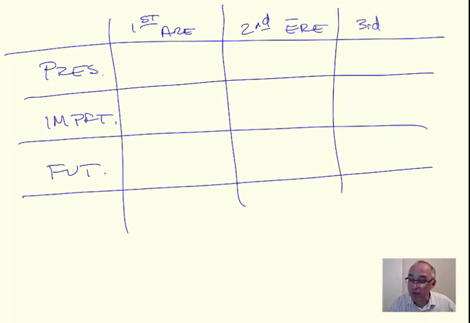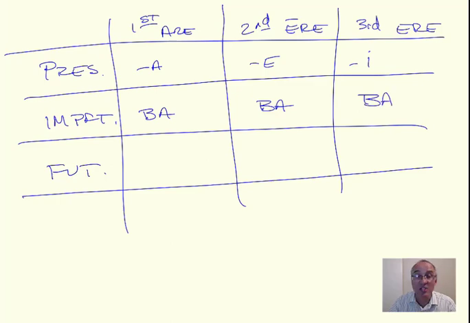Third conjugation verb, short ERE. So the sign for the present is an A: amo, amas, amat, amamus, amatis, amant. E: habeo, habes, habet, habemus, habetis, habent. I. The imperfect, BA, BA, BA, consistent all the way through. The future, B, BI, BU, B, BI, BU, E, with that one little exception, which is an A.